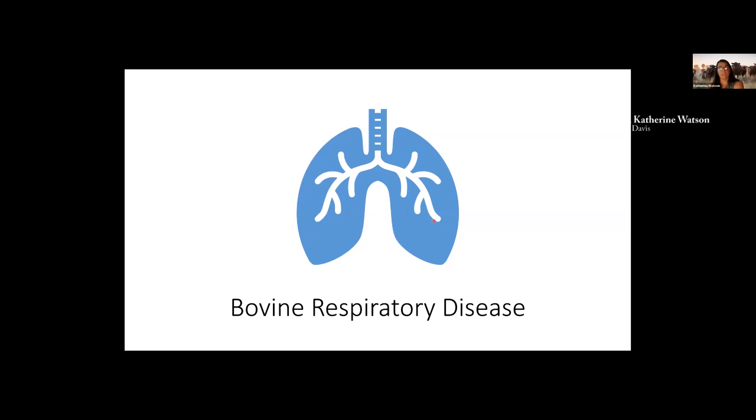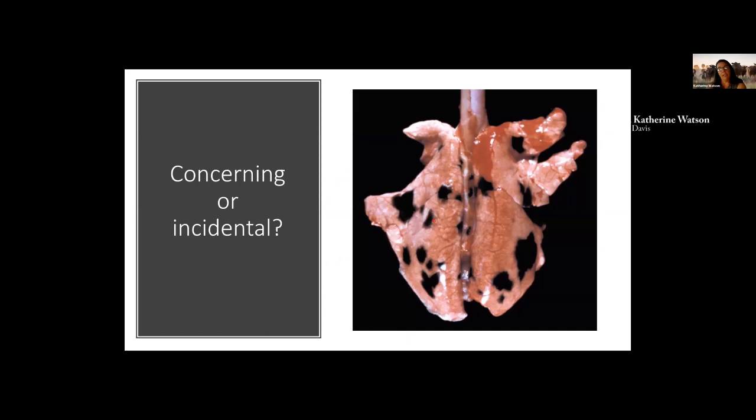All right, so we're going to start off today with some bovine respiratory disease. But before I go into the actual disease process, we're going to launch another poll for you. I think one of the most difficult things to do when you're doing a field necropsy, which some of you might do if you're in more rural areas and can't get a whole carcass to the CAHFS laboratory, is determining what's a lesion or what's really concerning, or what may be an incidental finding.